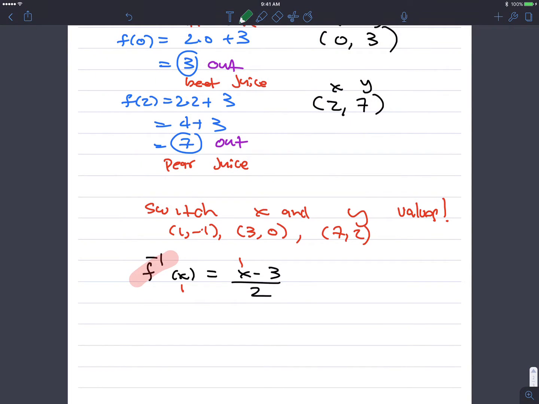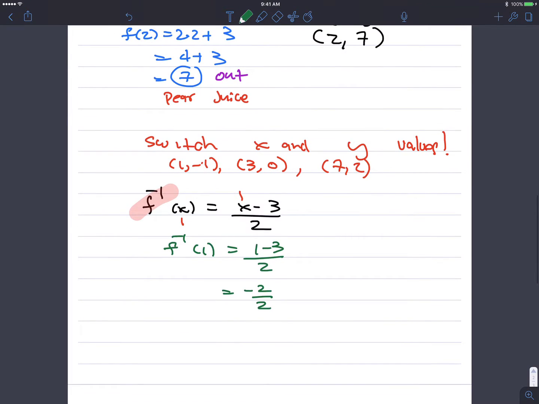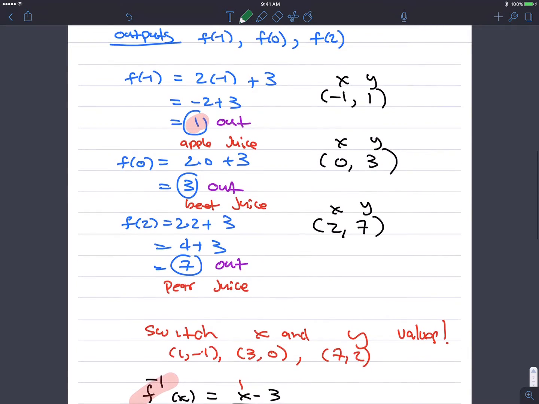I should get what? f inverse of 1 is (1 - 3)/2, or -2/2, which is, what does this equal? Is that -1? So what we're saying is, when my input is 1, my output is -1. Isn't that what we said we should get? Yes.